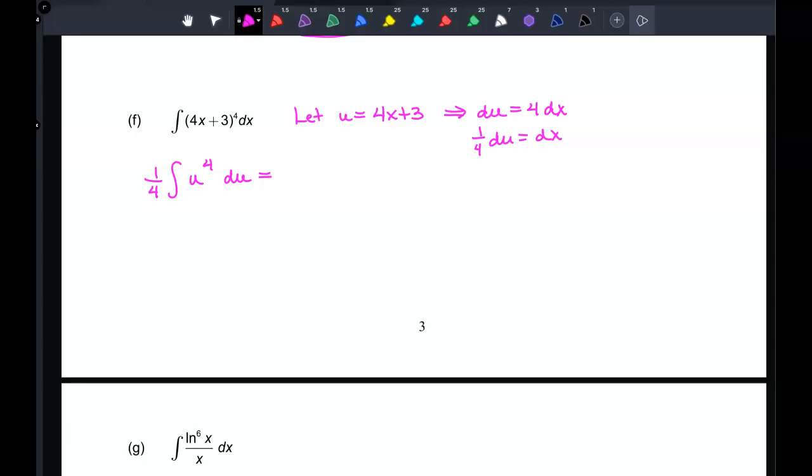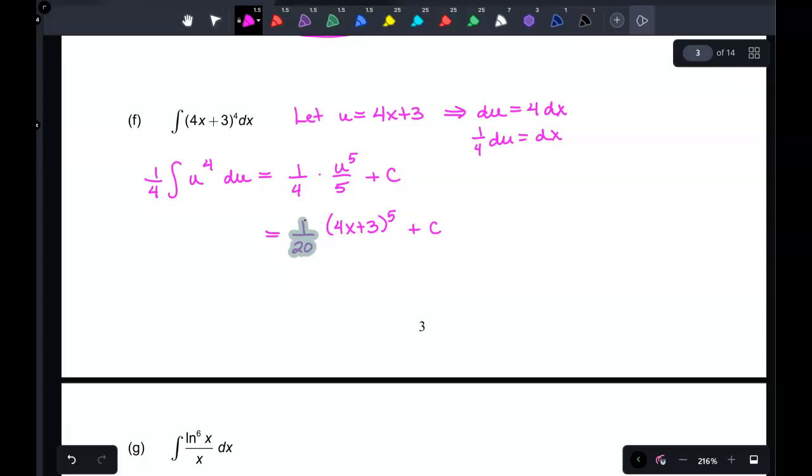Is it u to the 5 over 9? 20. Oh, 20. That would be better. That'll be multiplying, so that would be correct. Right? So I have 1/20 times 4x plus 3 to the 5th plus c. You can also make it over 20. I don't really care.